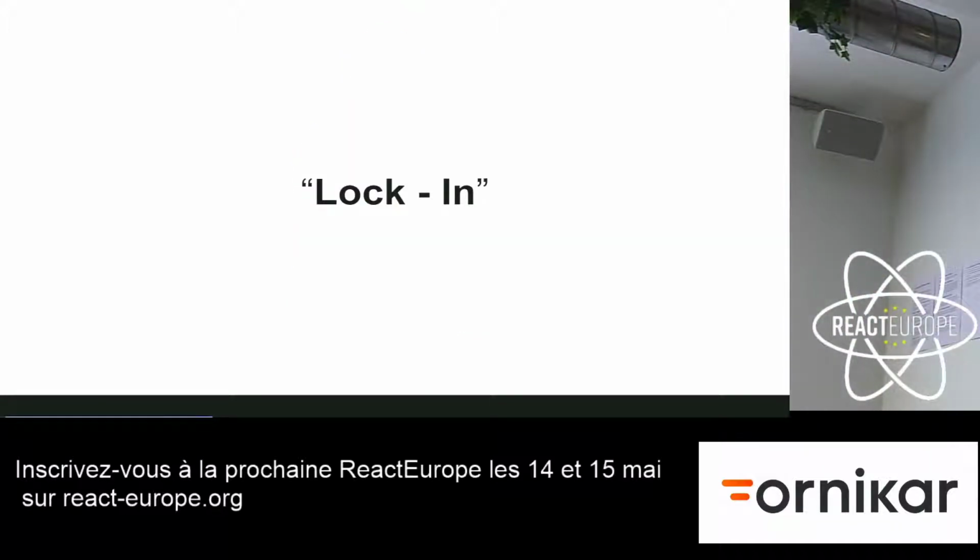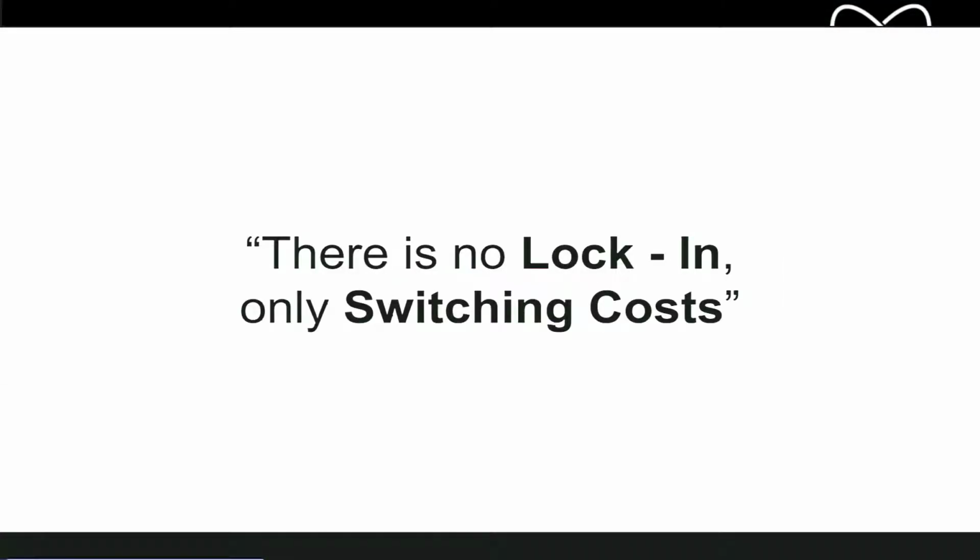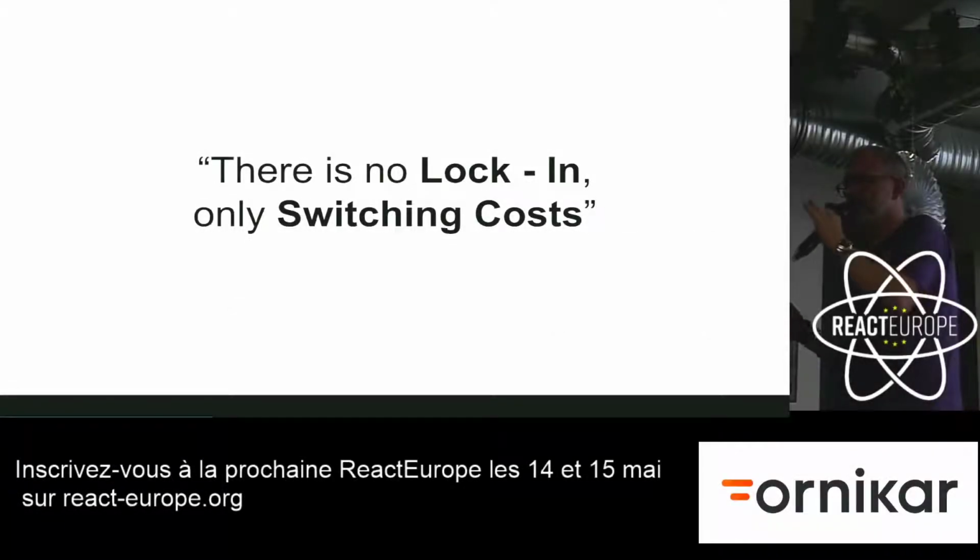Now, lock-in. What actually is lock-in? You know Burning Monk, obviously. He's a guy called Yan Cui. He's big on AWS Lambda, well worth following on Twitter at the Burning Monk. But he says there's no such thing as lock-in, only switching costs. To which I say, fair enough.